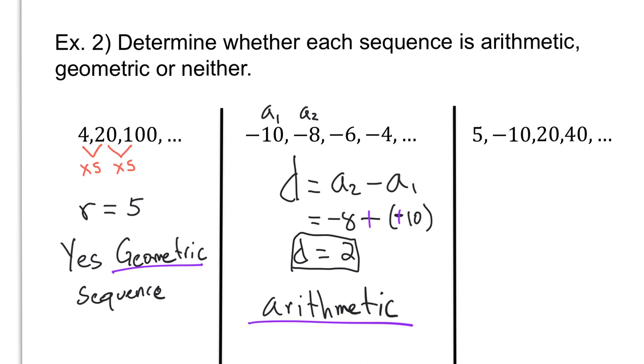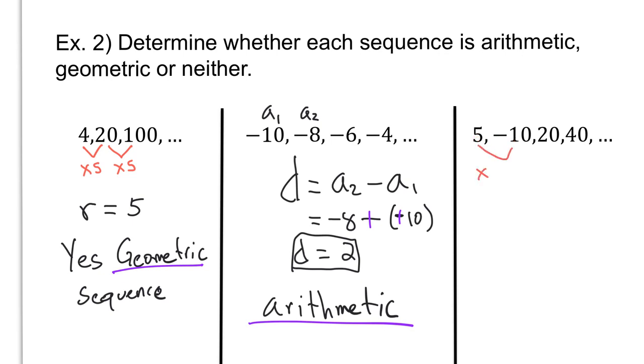The third one, you have 5, and we have a -10, 20, 40. Oh, wait a minute. I think I'm multiplying. 5 times 2 is 10, but I need a negative, so that means I have to multiply by -2. So let's check. 5 times -2. Yep, that's -10. -10 times -2.